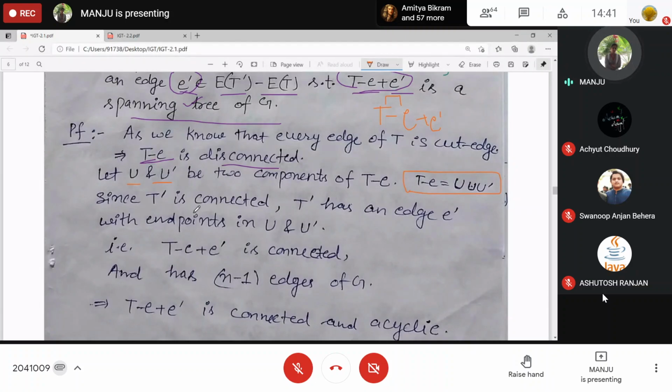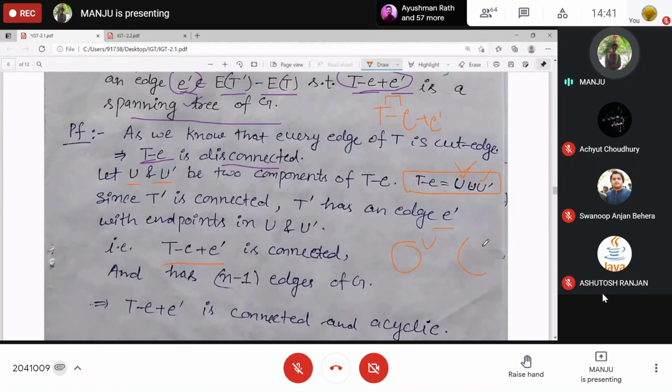Now T dash is also connected. So that is the spanning tree, right? And this is also having some edge. We have taken one edge that has one endpoint in U and one endpoint in U dash. So after adding this E dash, what are we doing? We are again connecting U with U dash, right?